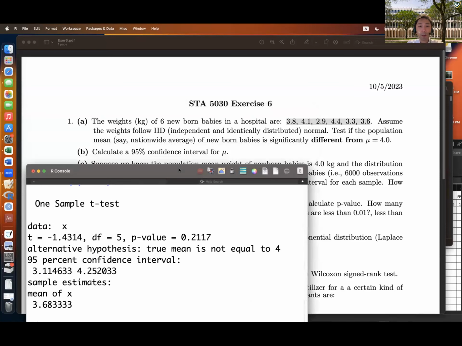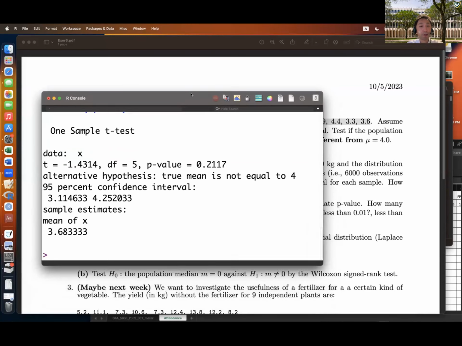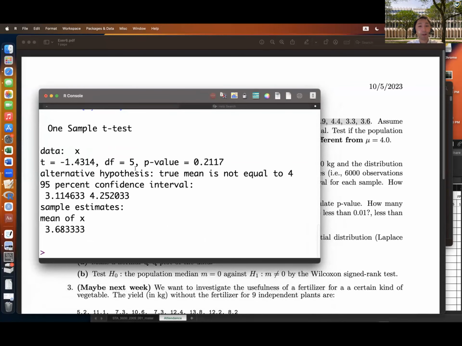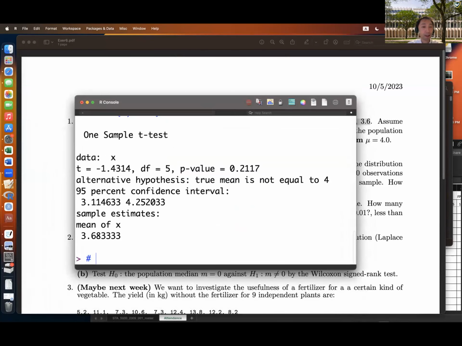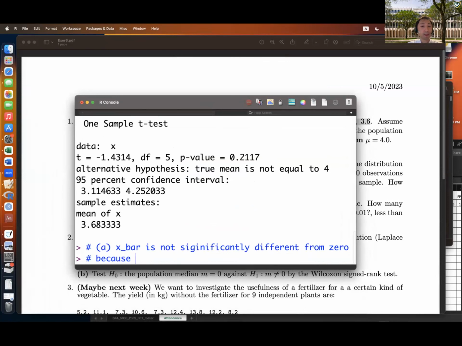So test if the population mean is significantly different from mu. Now the null hypothesis is this, so we can get this test result. The p-value is 0.2117. So our x bar is not significantly different from 4, because the p-value is 0.21, which is larger than 0.05.